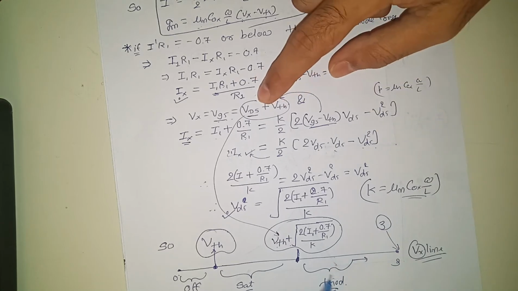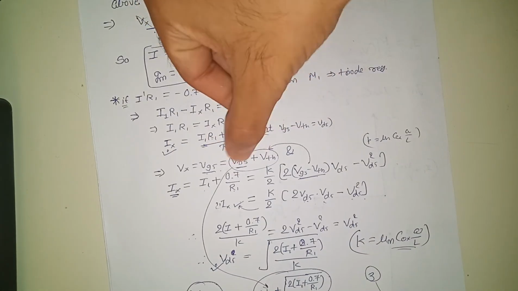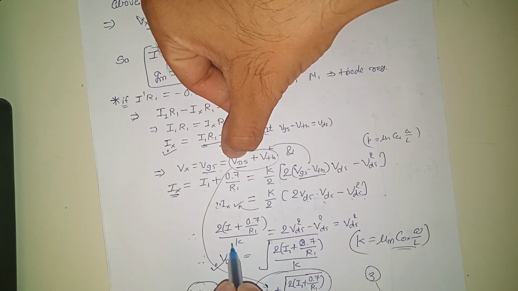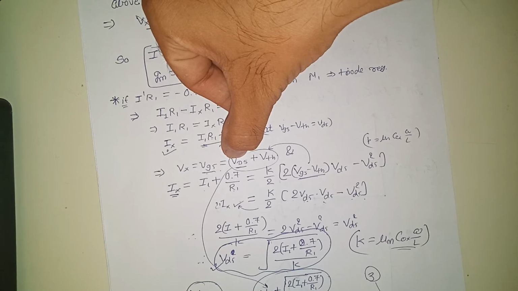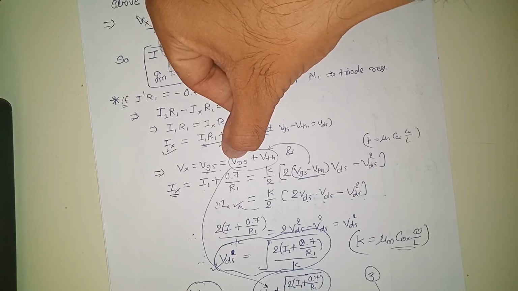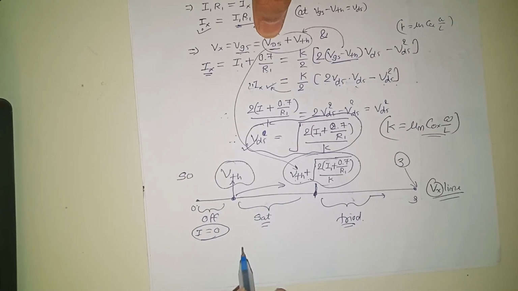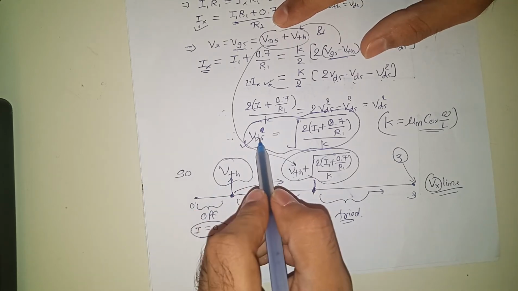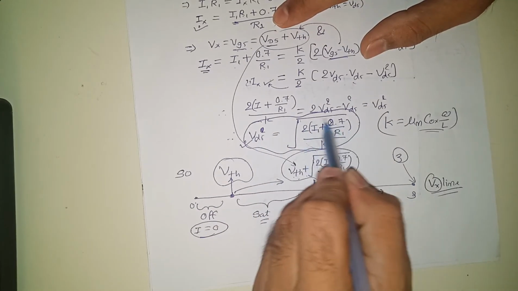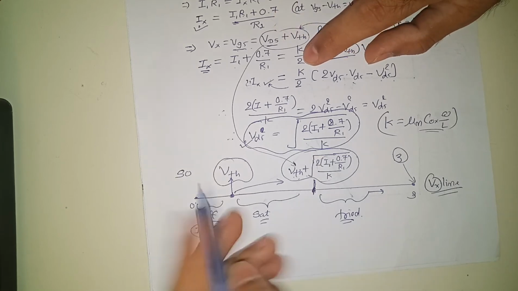So how to find this Vx? From here, Vx is VDS plus VTH. VDS we come to know that this is the value of VDS, so this value plus VTH for that point. I'm sorry, my page was somewhat down. I was telling VDS is here, this is the Vx value.